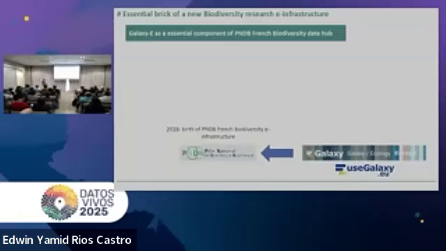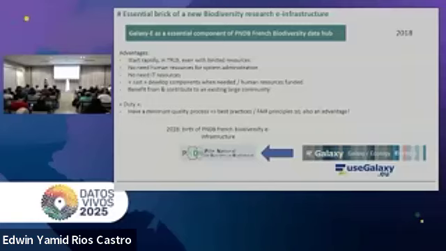And so we decided to take this Galaxy-Ecology as a brick of the infrastructure. And it was really beneficial for us because using this kind of existing Galaxy platform, we directly start in production at production level. We don't have to pay for human resources for system administration or things like that.